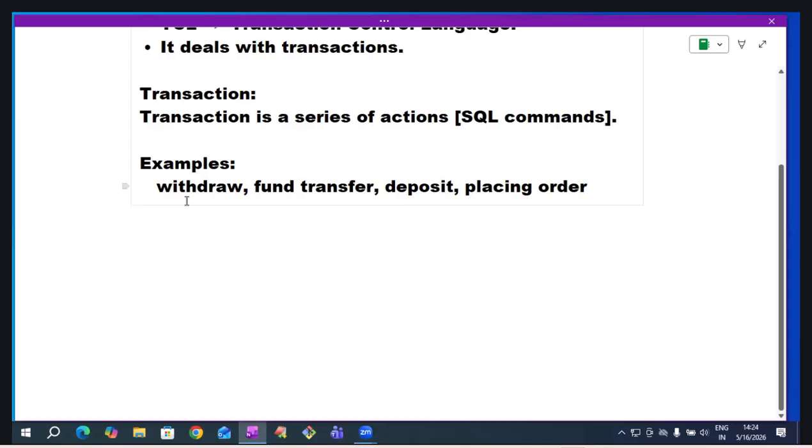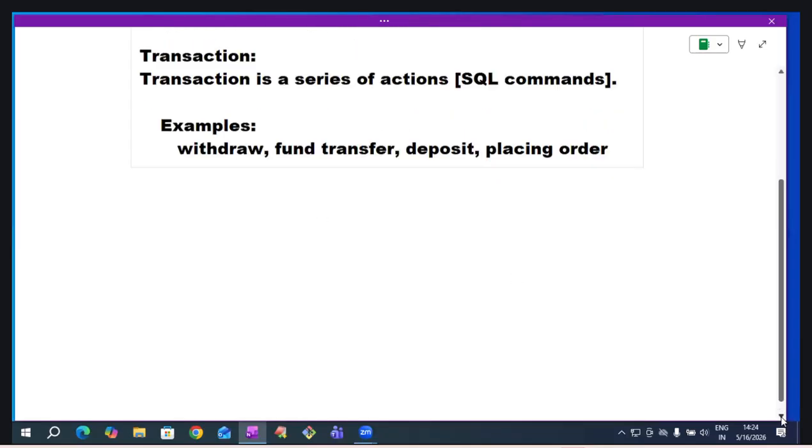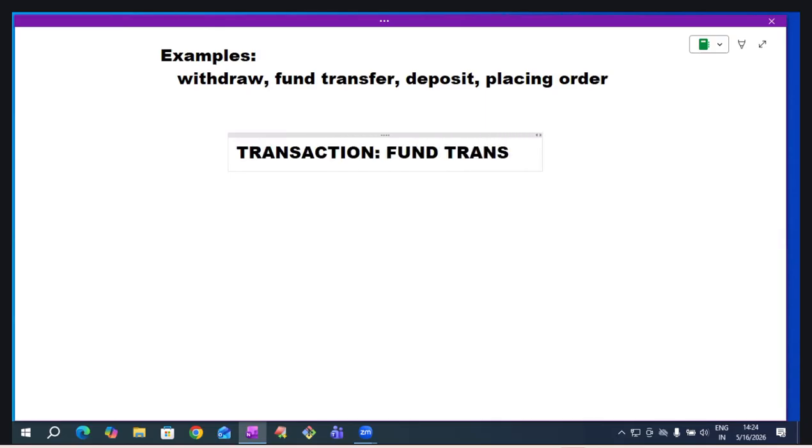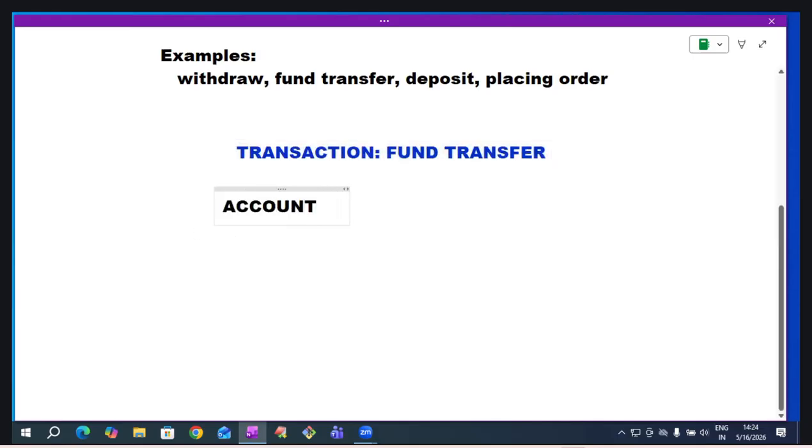Now, for your reference, in the notes, I am writing one transaction example. Which transaction? I am taking the fund transfer transaction. Suppose one bank is maintaining an accounts table with all customers' account information like this.